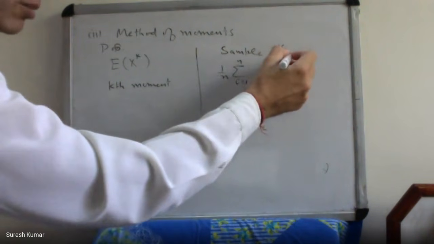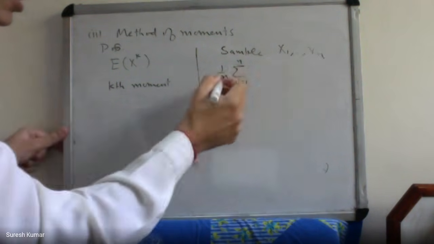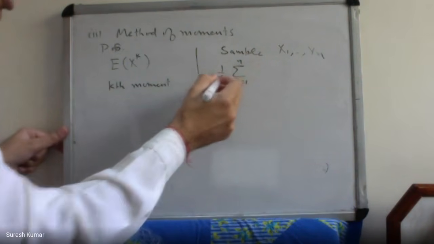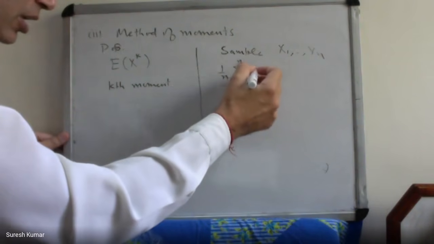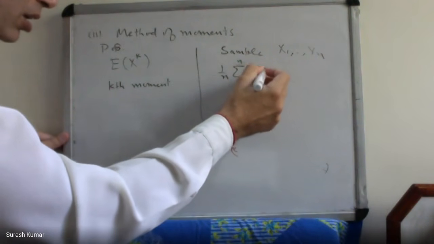Let's say you are choosing a sample of size n. Then the kth sample moment is 1 over n summation i varying from 1 to n xi power k.